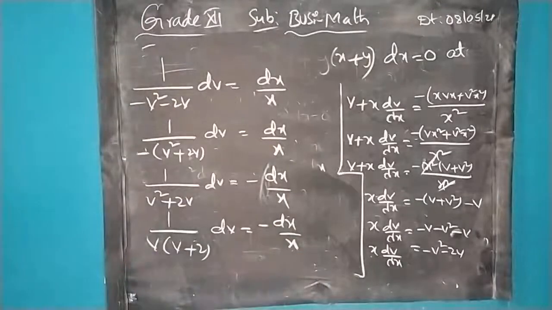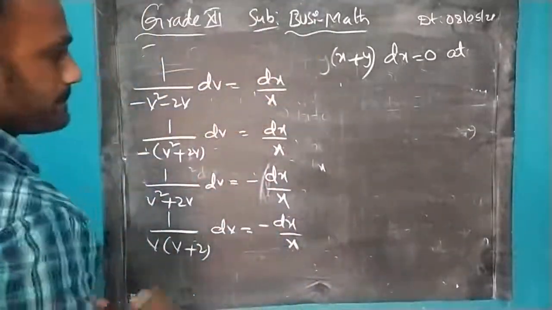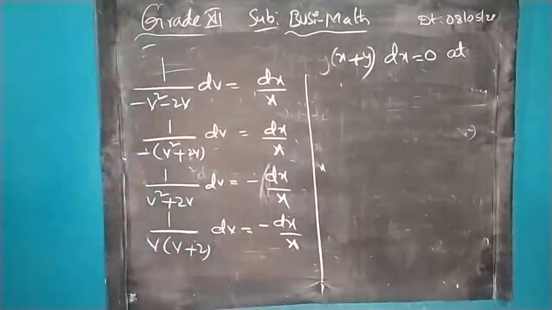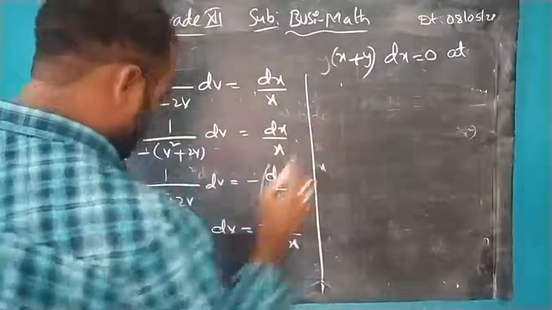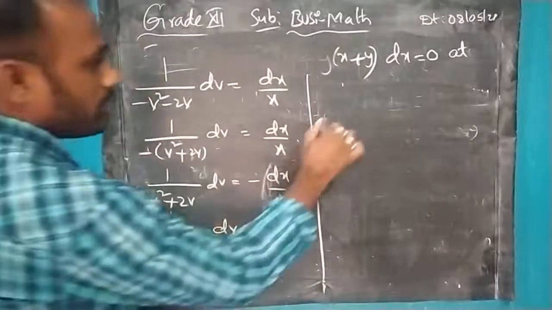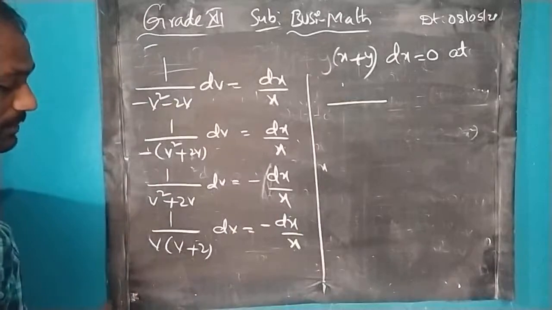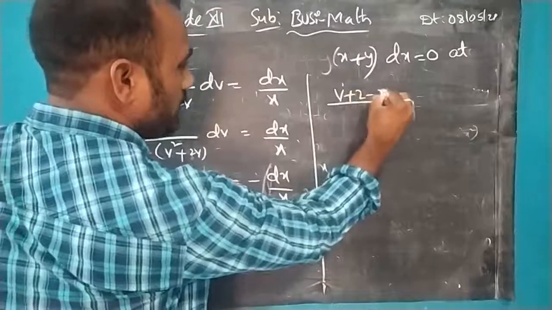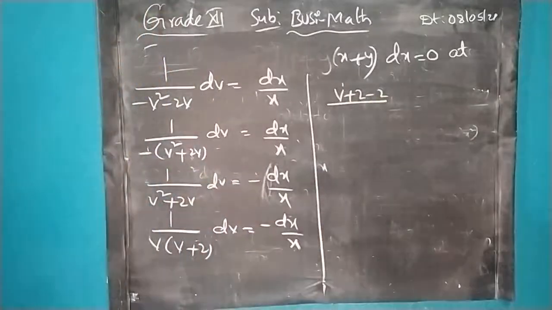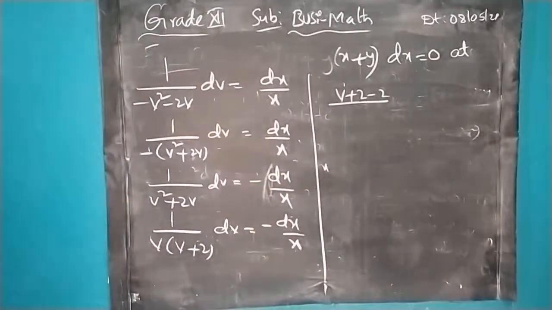Now, see, this can be written as, look at the denominator and the numerator, can I write the numerator as v plus 2 minus 2? So v plus 2 minus 2, plus 2 minus 2 gets cancelled, we have to get it as v. But we are not getting that at all.